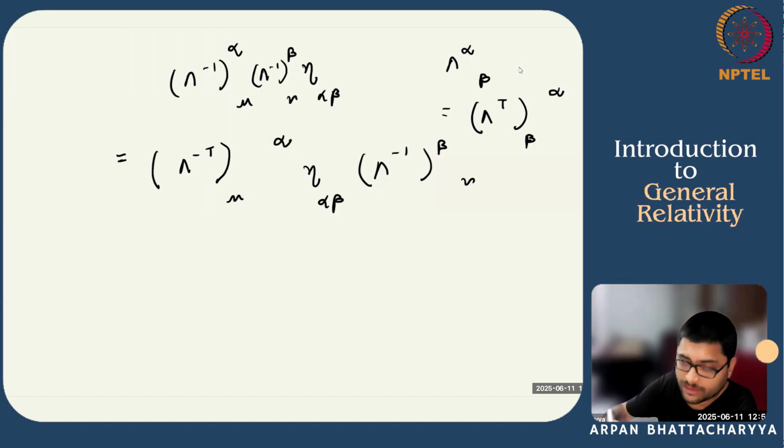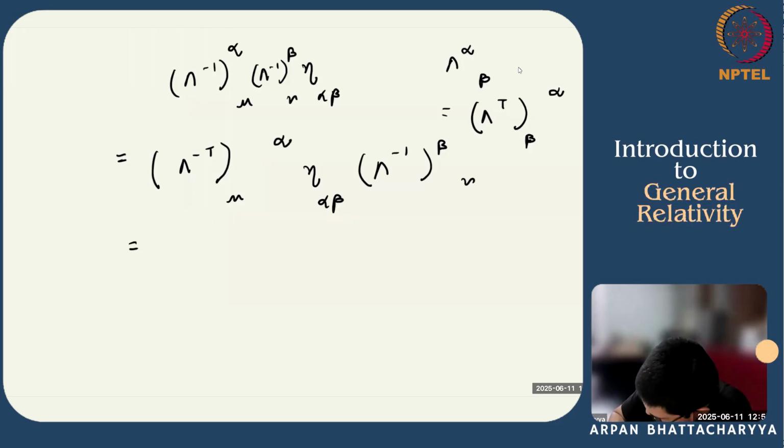We are looking at this, and each component is just a number, so we can always rearrange. And now in terms of matrix multiplication, it makes sense because this is a row multiplying a column, then this row multiplying a column, and then it's the row. That is the trick: we have replaced this by the transpose where the row and column are interchanged, so this is now the column, this is now the row.